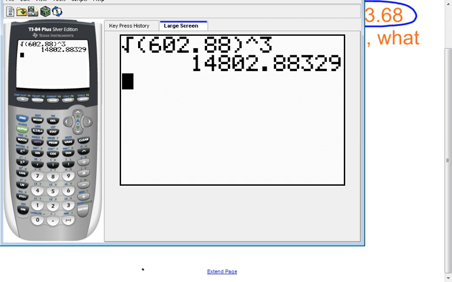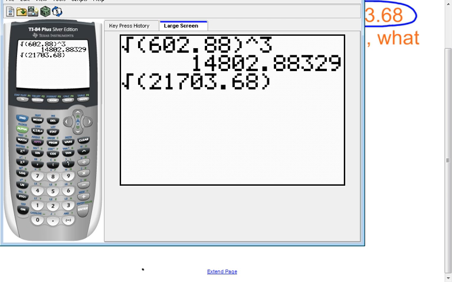So I need to first take the square root of the 21,703.68. Oops, hit the wrong button, didn't I? You take the square root, try that again, of 21,703.68.